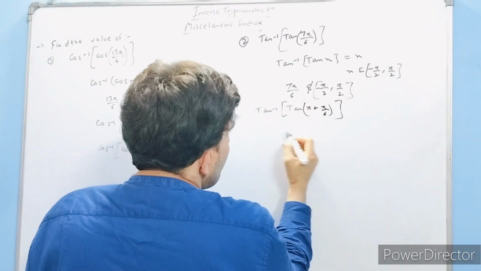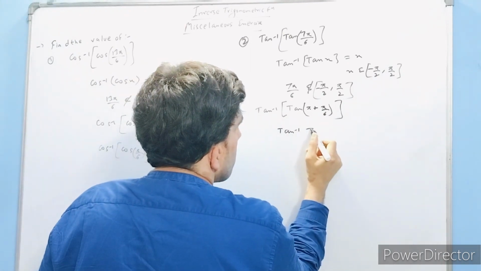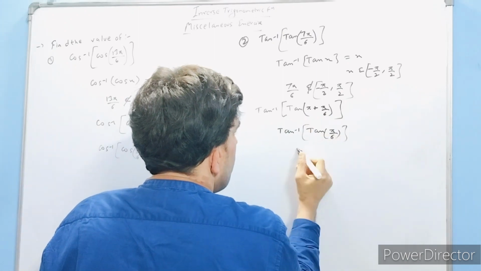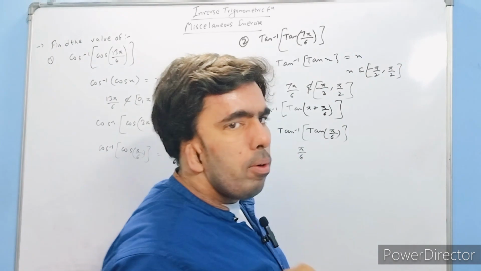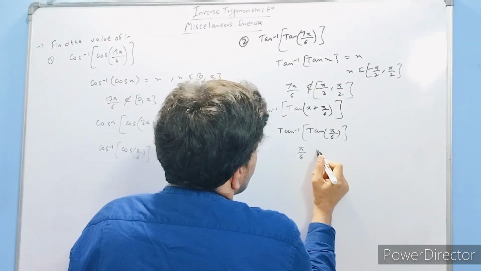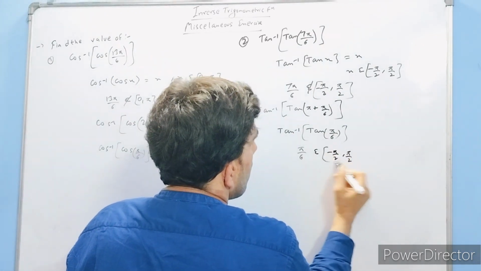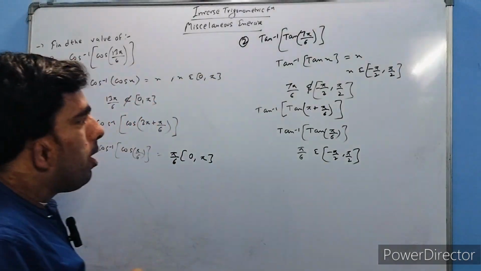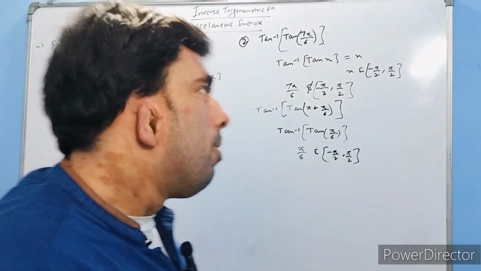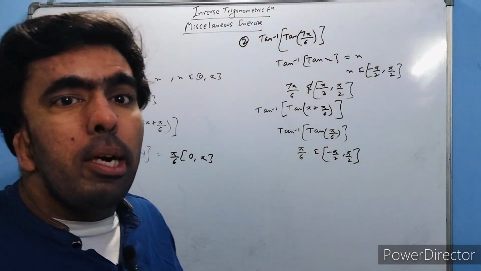So now it will be tan inverse tan pi upon 6. So we have pi upon 6, which is included in this interval. So our value will be pi upon 6. That is how we can easily find the values of inverse trigonometric functions. Now let us try to solve the third question.